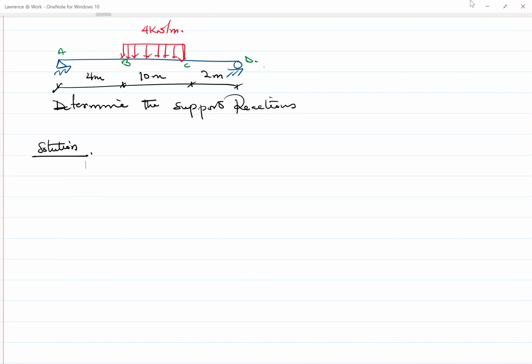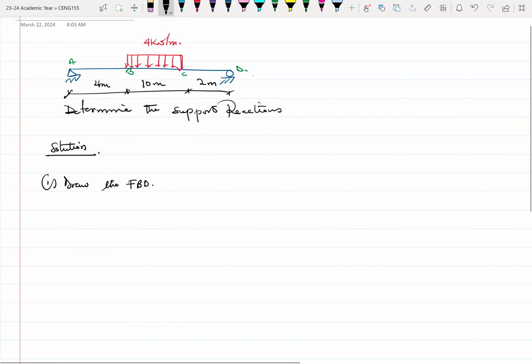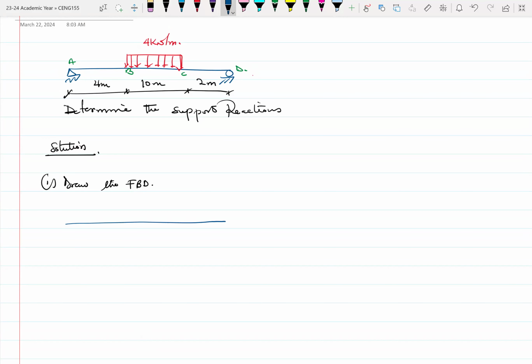All right. So step one, we draw the free body diagram. Okay. So I take my beam again as it is, then show my support reactions. So I have here these are support reactions. So this becomes my VA, this becomes my HA, then here this is my VD.